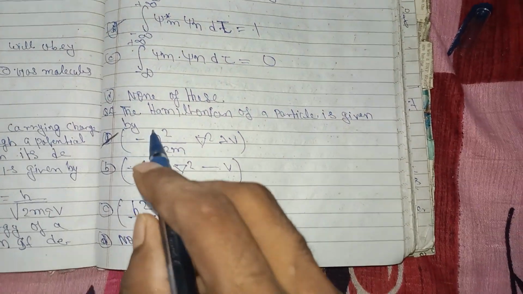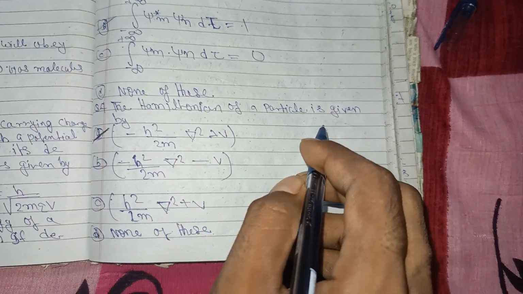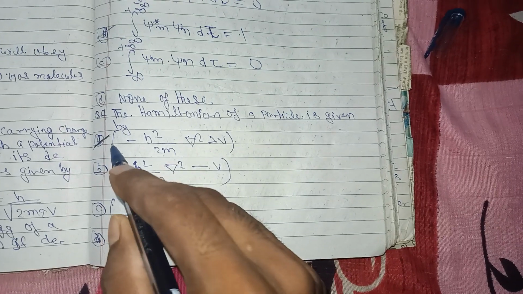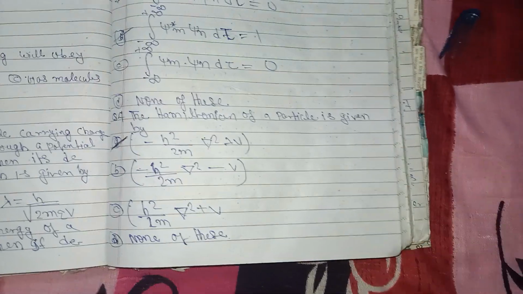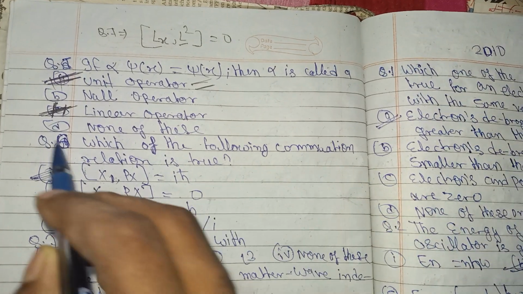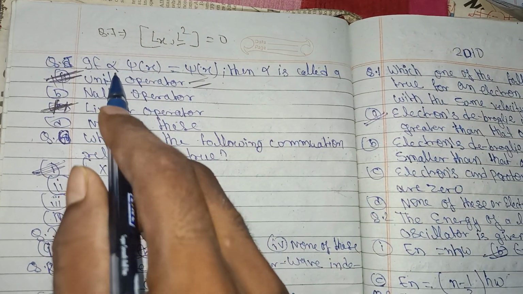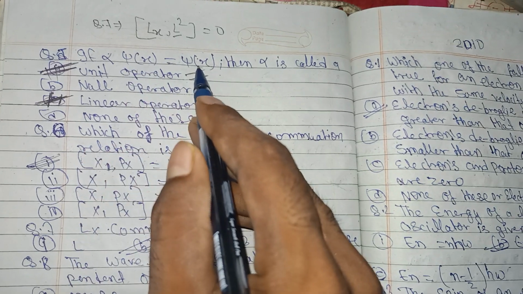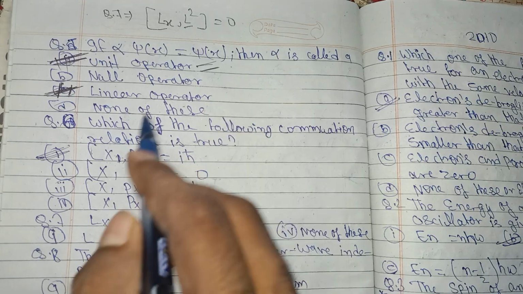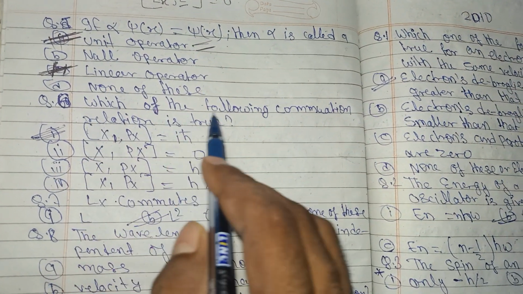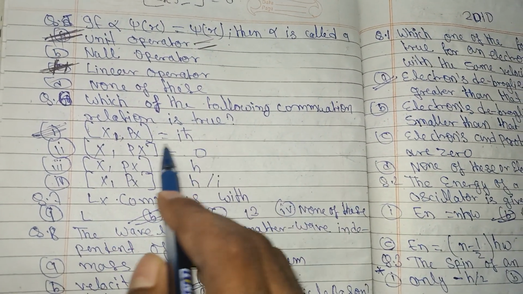And question number 4, the Hamiltonian of a particle is given, so minus h square by 2m del square plus V. If alpha psi x is equal to psi x, then alpha is called a unit operator. Unit operator is correct.